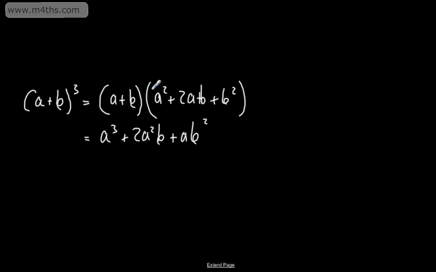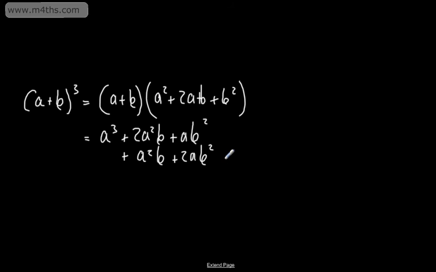Now starting with the b multiplied by a squared, well, I can write that as just 1a squared b. b multiplied by 2ab, well, I can write that as 2ab squared. Remember, b multiplied by ab is the same as a multiplied by b squared.